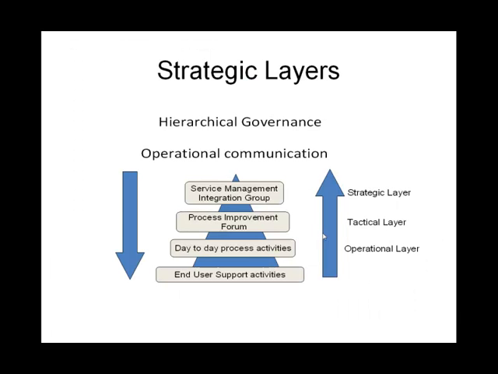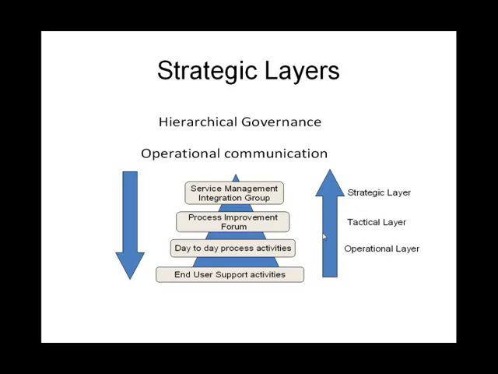So this next slide is a recap of a slide we showed you in an earlier part. This actually shows you the communication, bilateral communication that's going on up and down and across to each of the groups. You have the service management integration group at the strategic top layer.